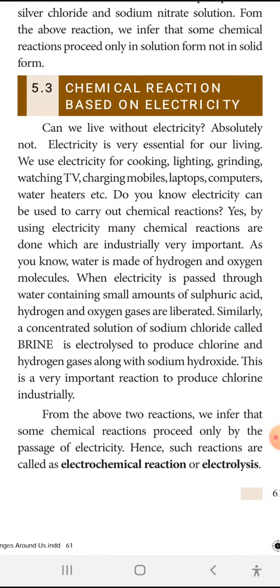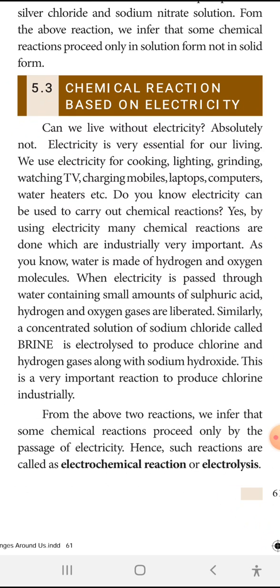based on electricity. Can we live without electricity? Even in a cool climate, we need a fan. Some people put on AC. Absolutely. And we need light, fan, and cooking, electrical cooker, everything.